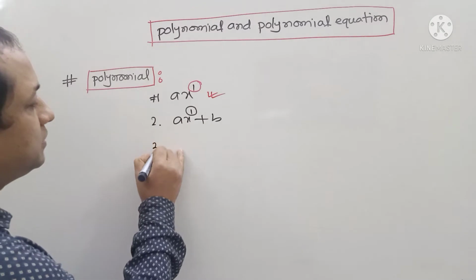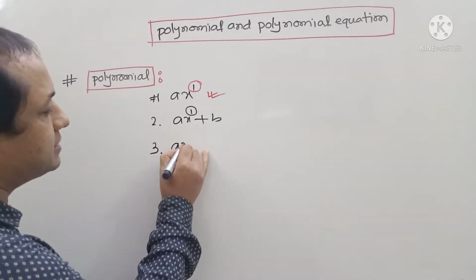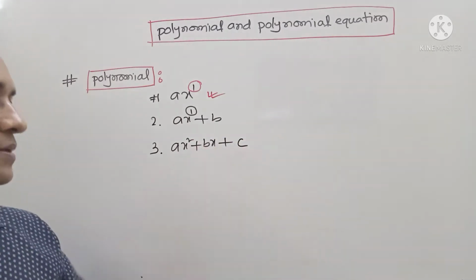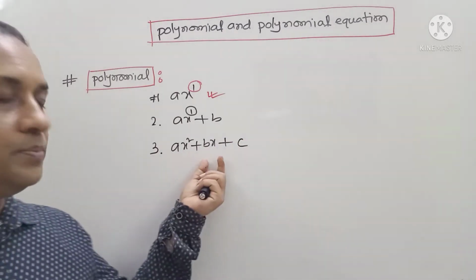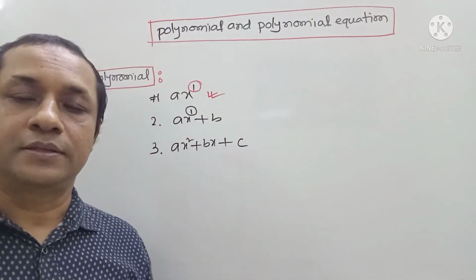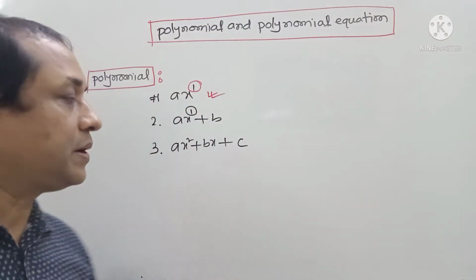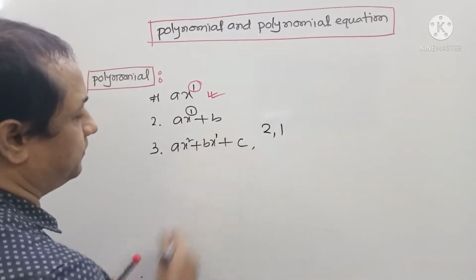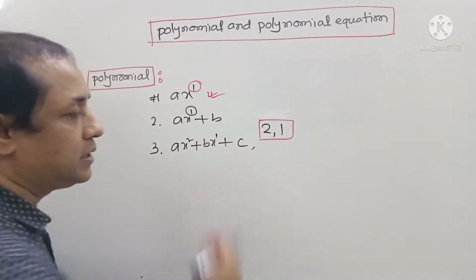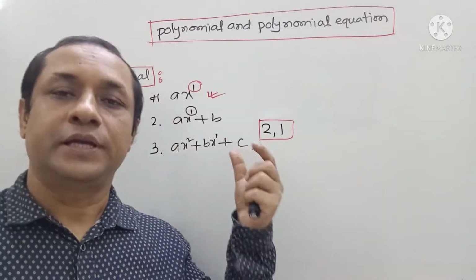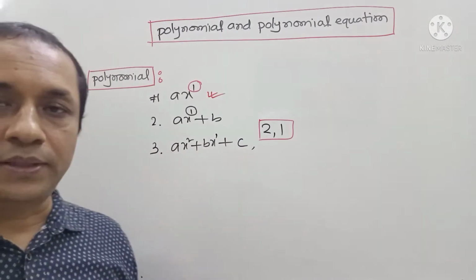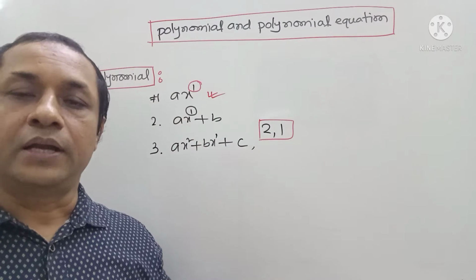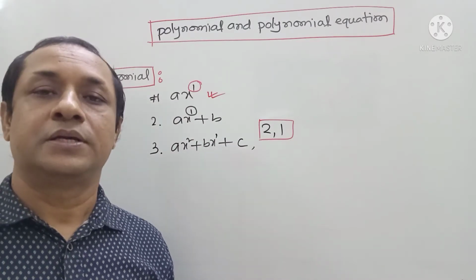And number 3, ax squared plus bx plus c, this is three terms, and here a, b and c are constants and x is a variable. So the powers of the variable, 2 and 1, are positive integers. So this is a polynomial. So one term, two terms or more terms, and the power of the variable is always positive.